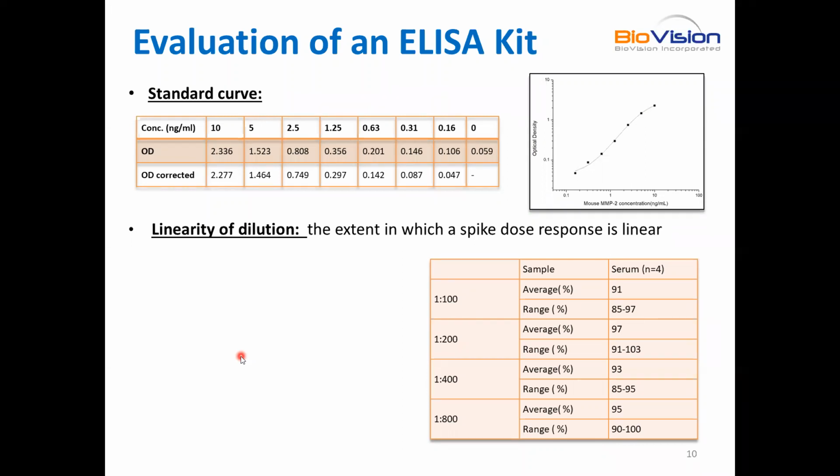The first thing to look for is the standard curve. The standard curve is very crucial if we want to quantify the concentration of target protein in the sample. That means if we are looking for a quantitative ELISA, because we want to quantify the concentration of our target protein or analyte in a sample, we should look for a standard curve.